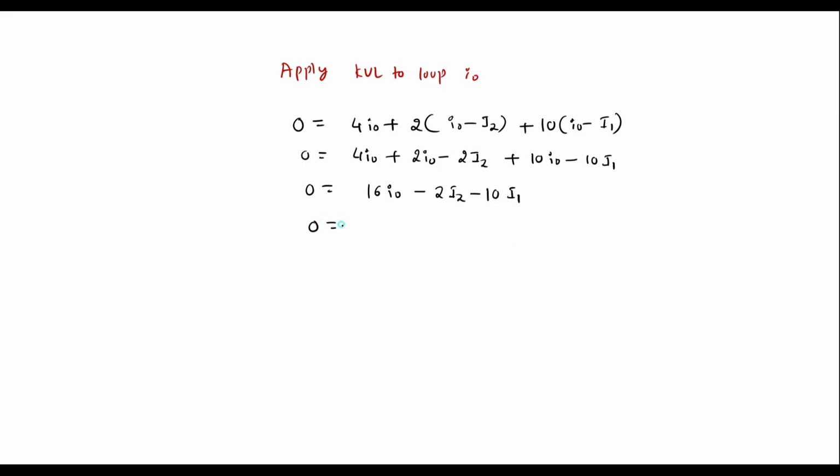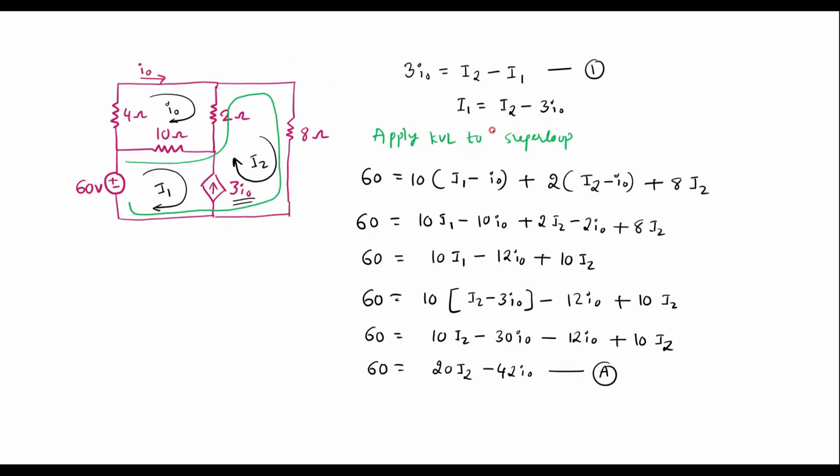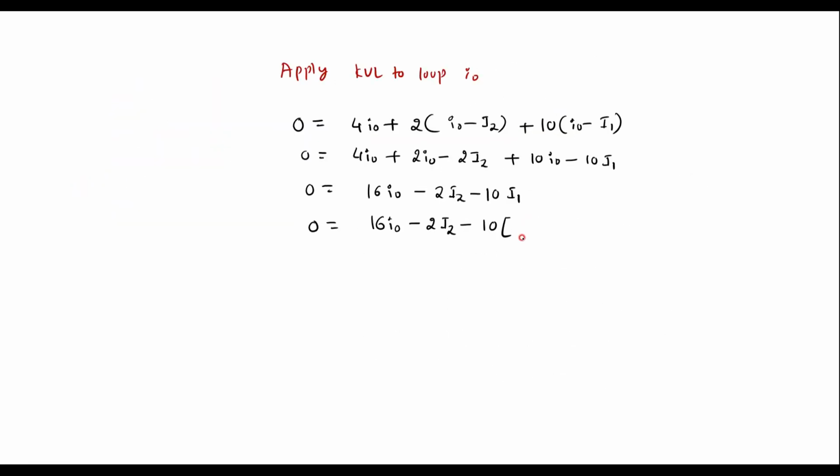Further I can simplify. 0 is equal to 16 I0 minus 2 I2 minus 10 times I1, and I1 is nothing but I2 minus 3 I0. Simplifying further, 0 is equal to 16 I0 minus 2 I2 minus 10 I2 plus 30 I0.